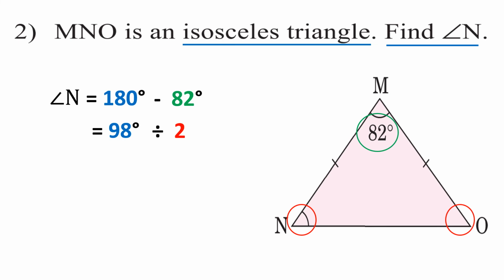That's why angle N is equal to 49. 49 for angle N is equal to 49 for angle O. If you add them, you get 98. This is your answer for angle N, 49 degrees.